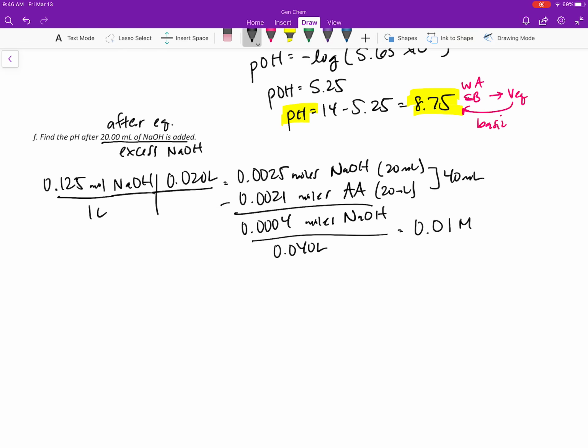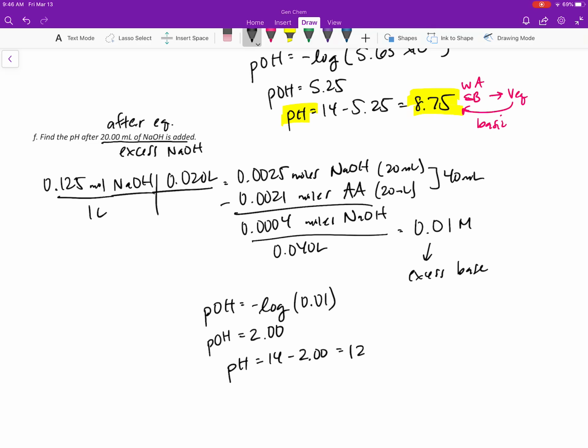Because it's an excess base, I'm still solving for pOH. So it switches at this point. Take the negative log of that concentration, and we get that pOH is equal to 2.00. To solve for pH, I'm going to subtract that from 14, which gives me a pH of 12.